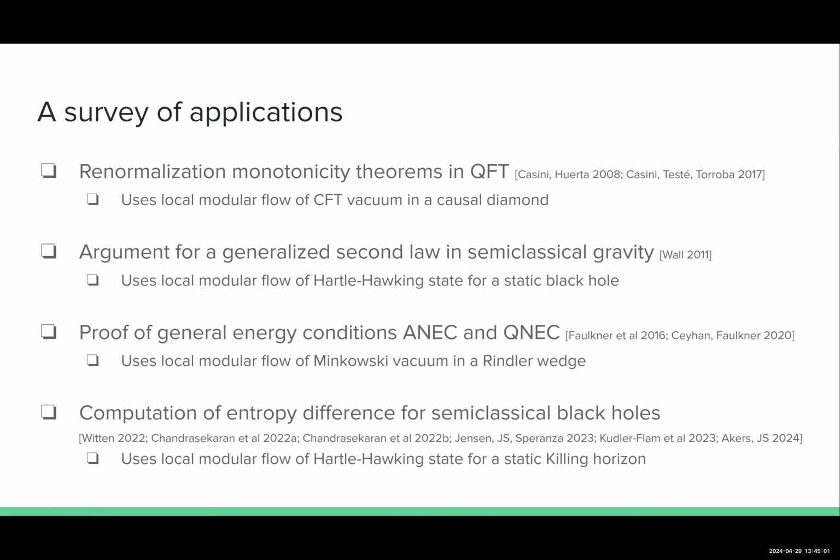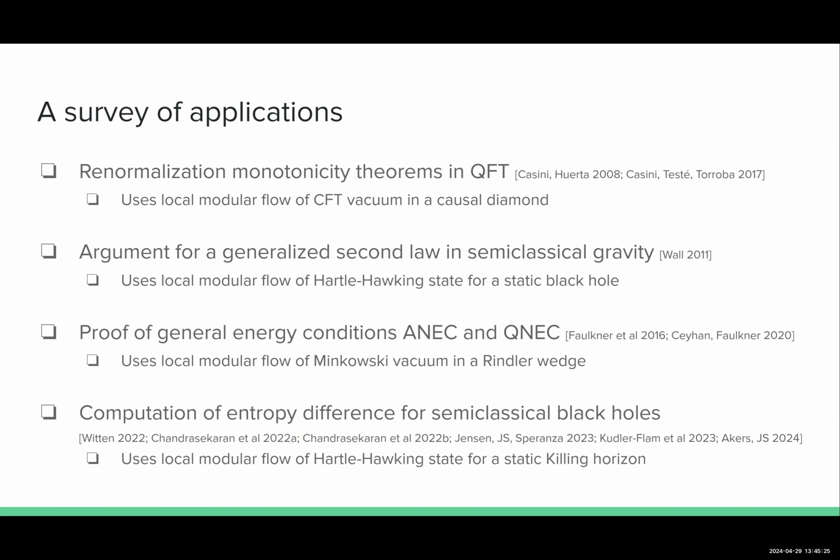And the way that they argued for this, using entropic ideas, was to use this fact that I mentioned before, that there's a generalized Unruh effect for the CFT vacuum in a causal diamond. That gives you some relationship between the thermal data of the vacuum restricted to this sphere and the stress energy tensor of the theory. And indeed, you can make these two things talk to each other and extract a renormalization monotonicity theorem out of it.